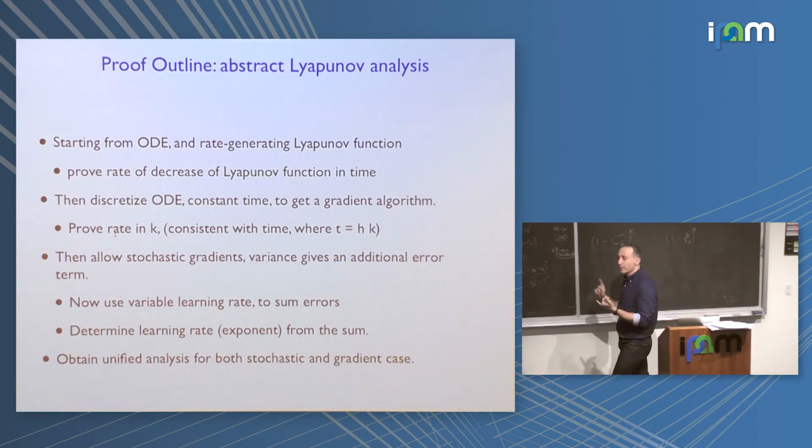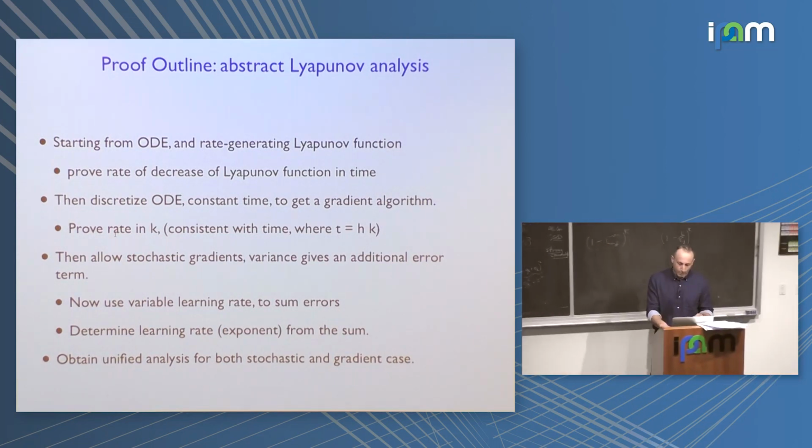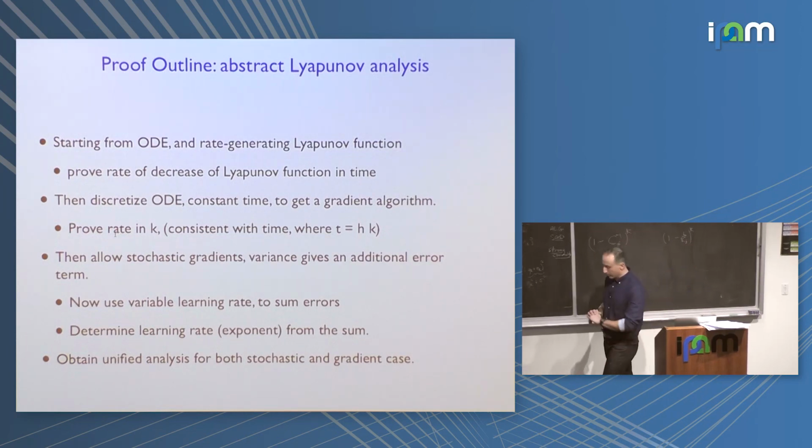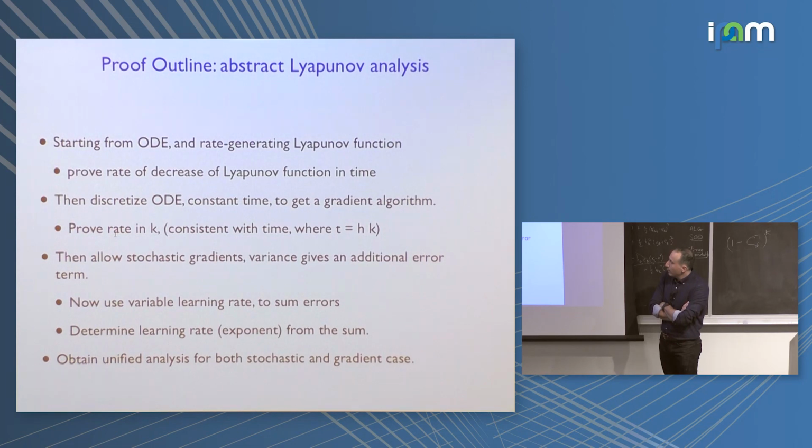The abstract thing works in continuous time, full gradients with constant time steps, and stochastic gradients with decreasing time steps. Okay, so that's the idea of this. I think the benefit of this approach is you can cover SGD, accelerated SGD, gradient descent, and accelerated gradient descent with this one proof technique, which is pretty elementary. So I'll stop there.